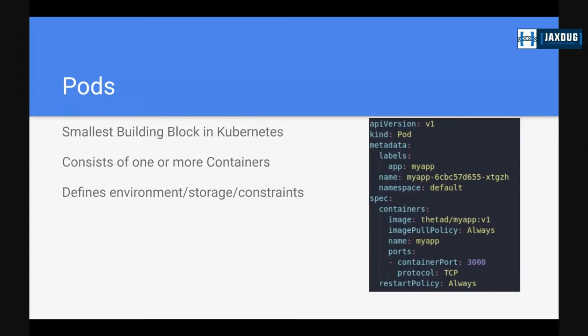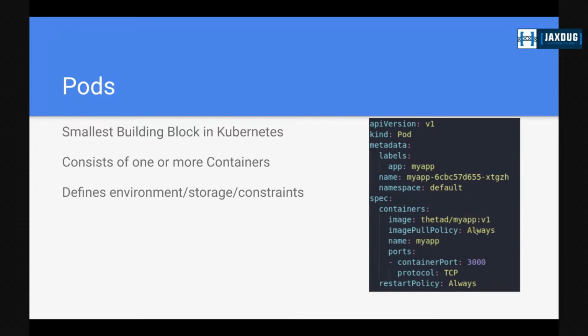So a pod in Kubernetes is the smallest unit of work you can do. It's going to consist of one or more containers, and it defines the environment, the storage, the image, all the constraints for that container. So in this example here, I have a pod. It has a name, my app, and then a little hash there. It consists of one container that's using this my app image.